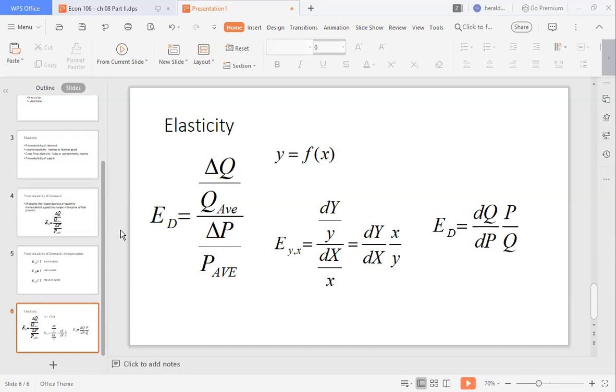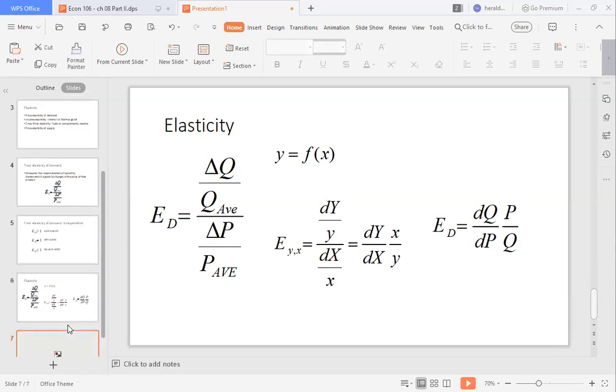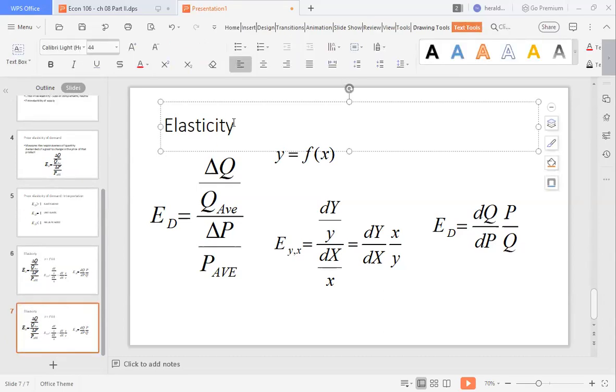So as an example, let me just get my notes and get the price elasticity directly from a demand function.